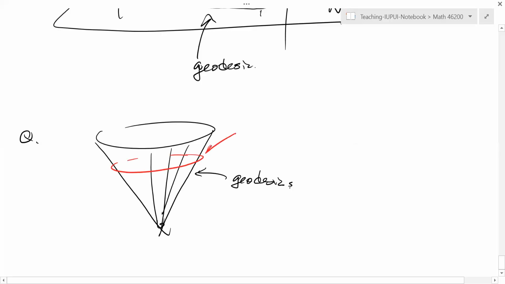But this one may not be. It's not necessarily a geodesic.